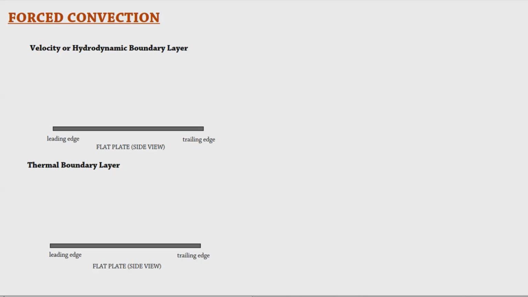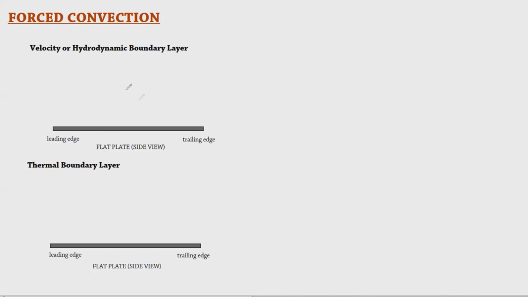Okay, so we start by defining the boundary layer first. Before we start solving, let us just understand how it goes for such kinds of boundary layers. We have two boundary layers: the velocity or hydrodynamic, and the thermal boundary layer.